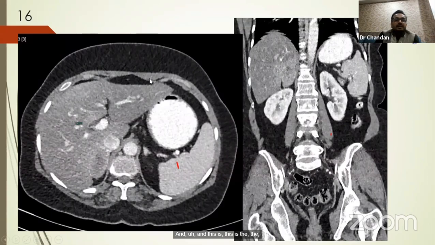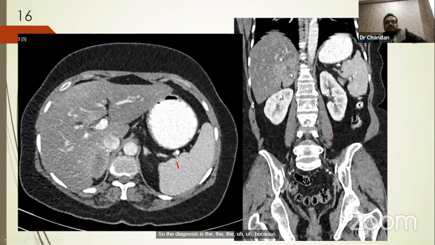The next spotter is the axial contrast CECT abdomen and the coronal view contrast CECT abdomen. There is a mildly enhancing soft tissue component seen in the right suprarenal region, apart from the fatty composition of the liver, and in the coronal view the lesion appears to infiltrate slightly into the adjacent liver parenchyma.